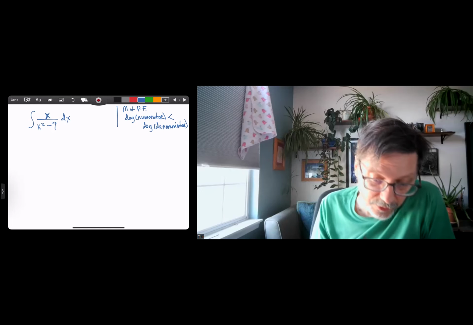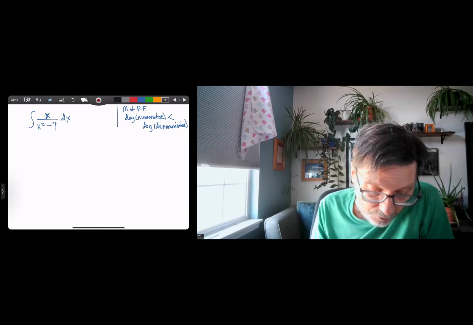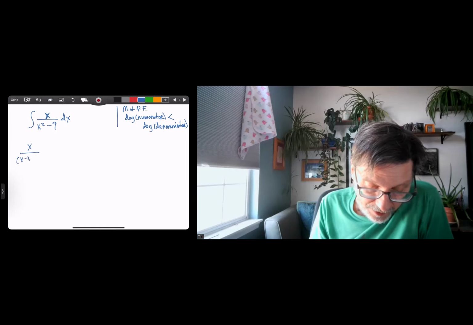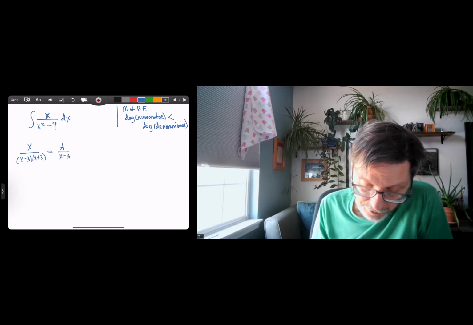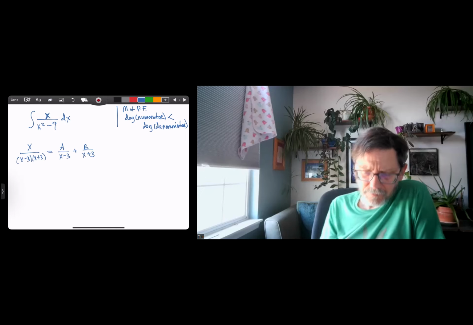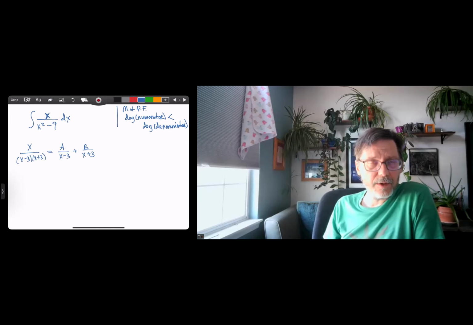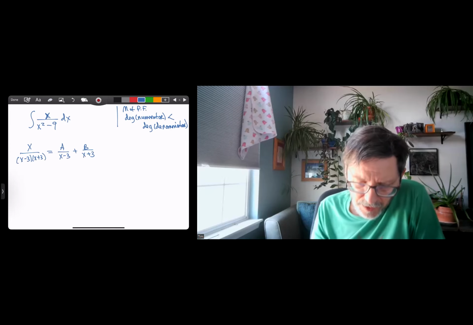So let's do this one with our standard method. I've got the same denominator. I've already done the factoring, and the setup's the same, even though there's an x on top. Now you might want to pause and see if you can work this through, because I'm about to. It's a good practice run.